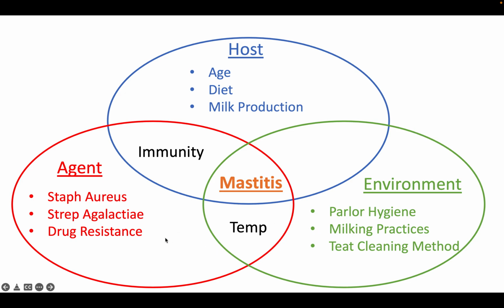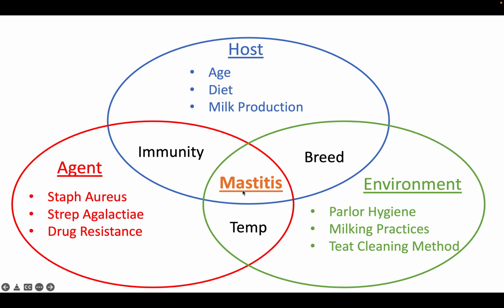I described it earlier, where sometimes the agent can only flourish in a certain temperature, which is provided by the environment. And host and environment, some breeds do better in different environments, and geographically some breeds are more prevalent.